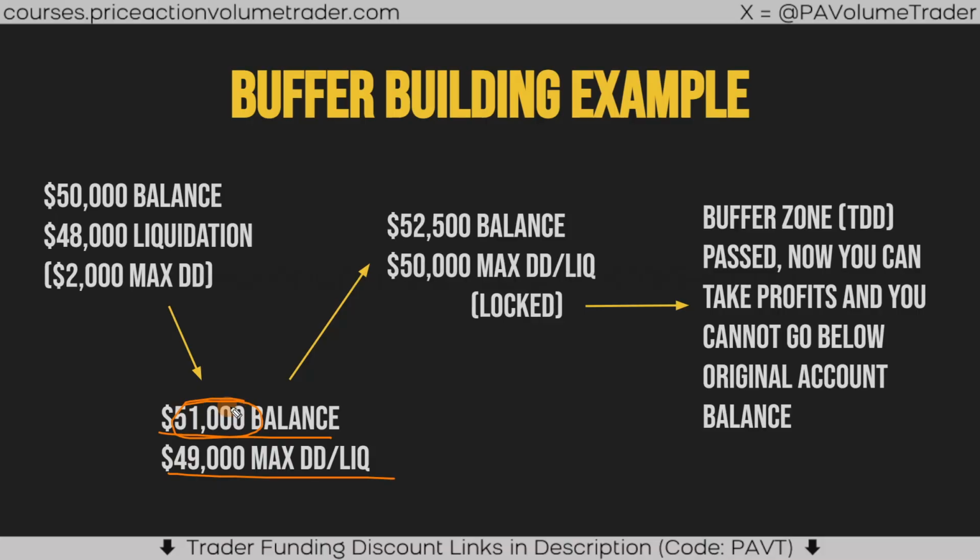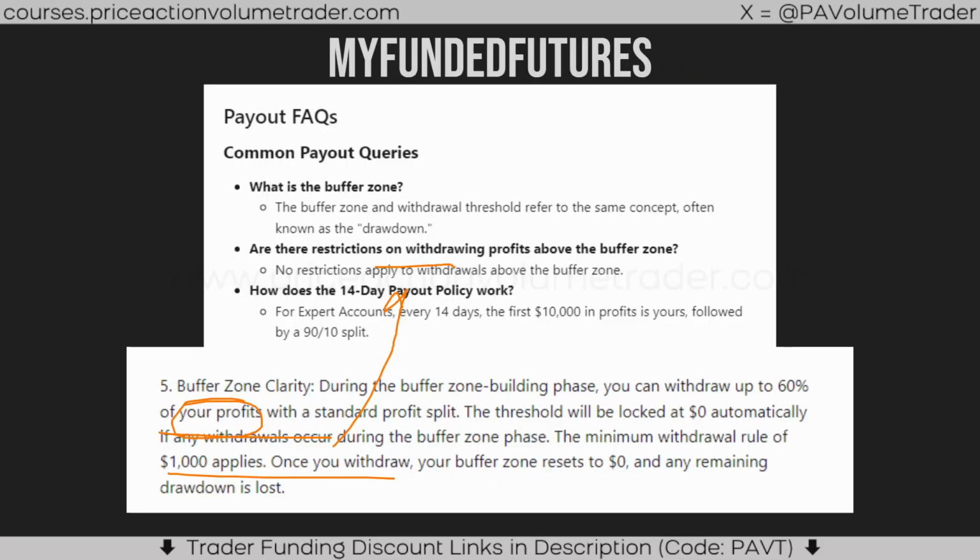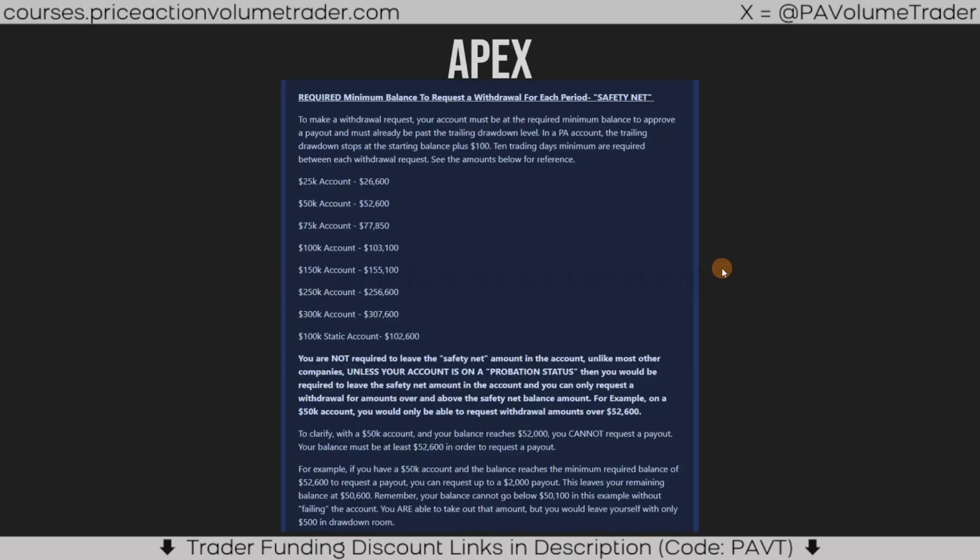If you request a payout at this stage, they're automatically going to bump your maximum drawdown to the original account balance. So that means you've now cut your buffer by a lot by taking profits too early. So like with My Funded Futures, you want to build up a good enough buffer that you can take profits and not cut your risk too much.